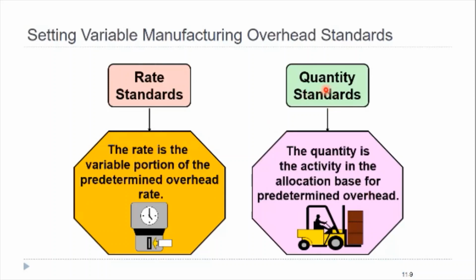The quantity, again, would be determined by the allocation base. So these really don't have much to do with the manager, except the determination of what the allocation base would be.